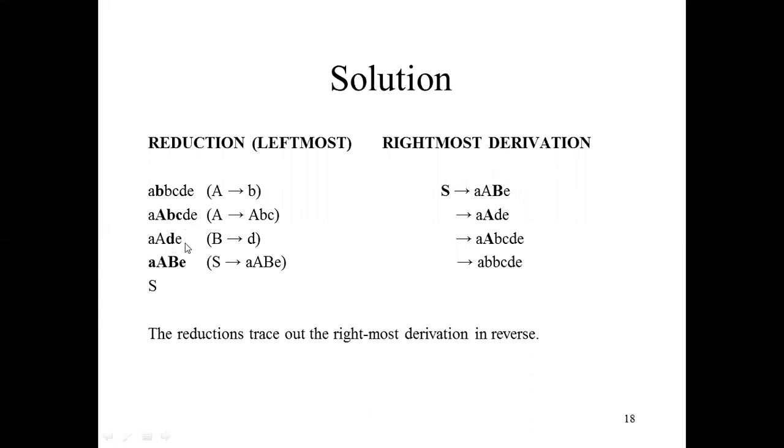So we can replace this d by capital B. So we can write small a, capital A, in place of small d capital B, and then this e. Small a, capital B, e.